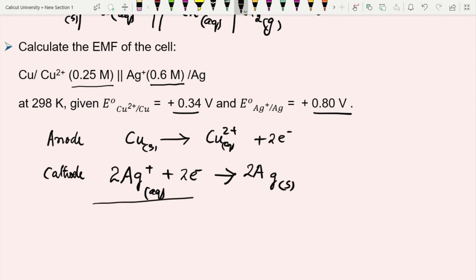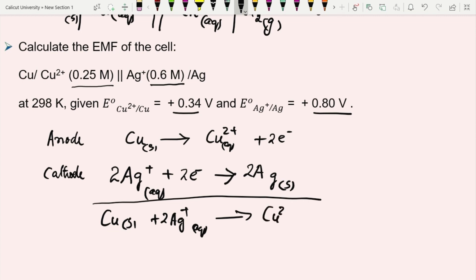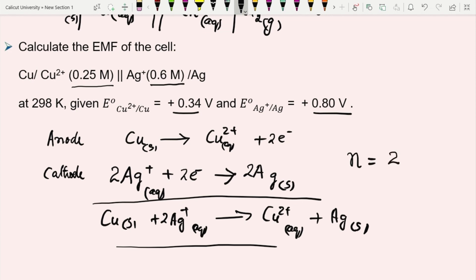The overall cell reaction is copper solid and 2 silver plus ions in aqueous medium giving copper 2 plus in aqueous medium and silver solid. From here we get N equal to 2.